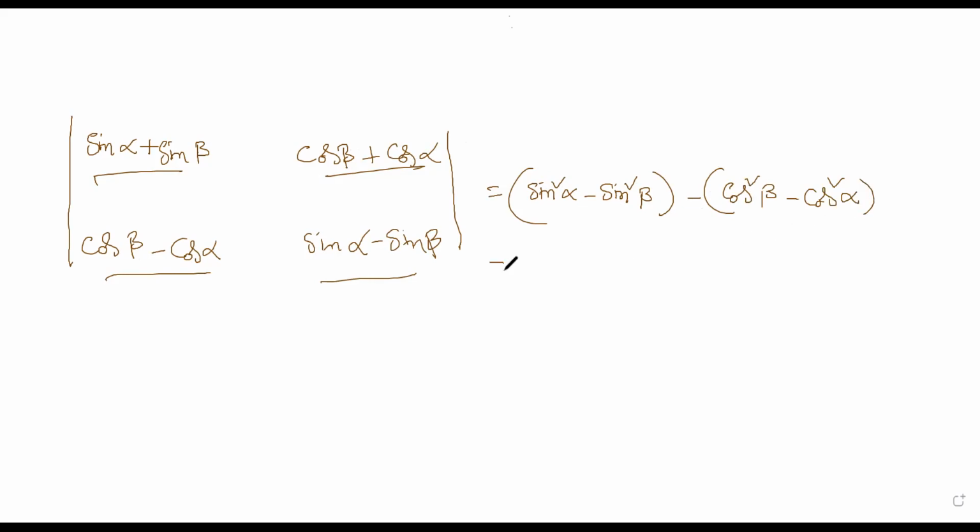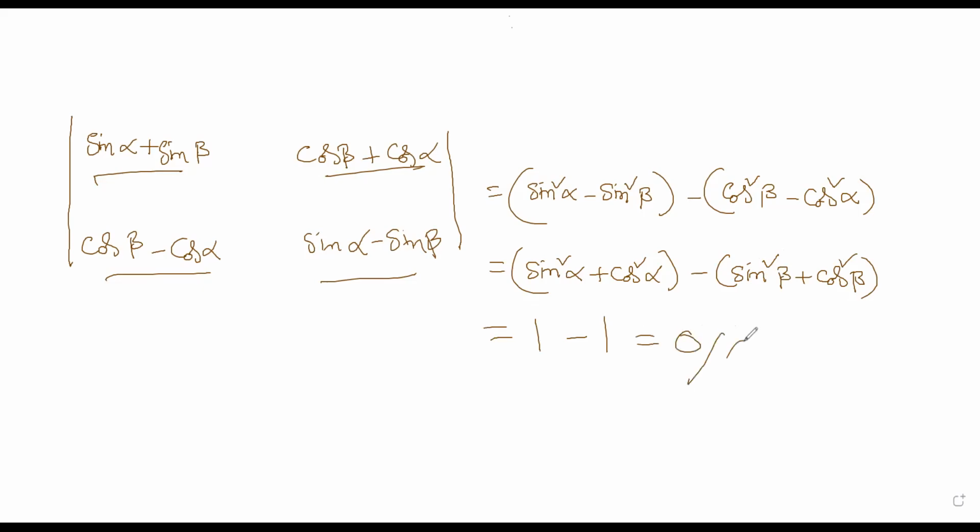Okay, some symmetry is there. So you have sine square alpha plus cos square alpha, minus of sine square beta plus cos square beta. The first part gives you 1, the second part gives you 1, 1 minus 1 is 0. If it were cos beta, definitely you would not get 0.